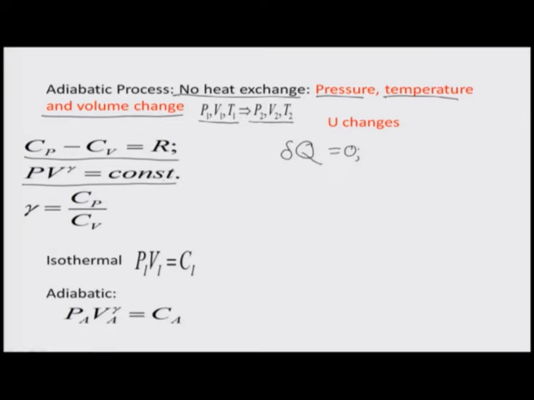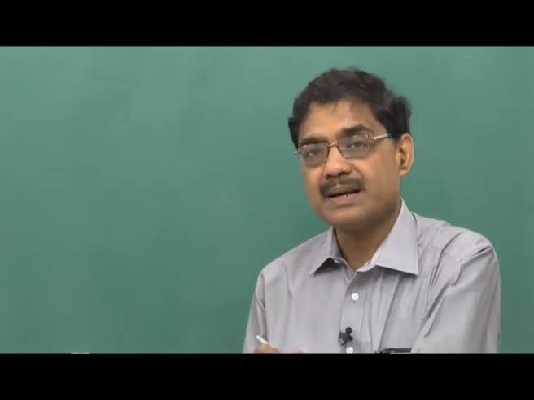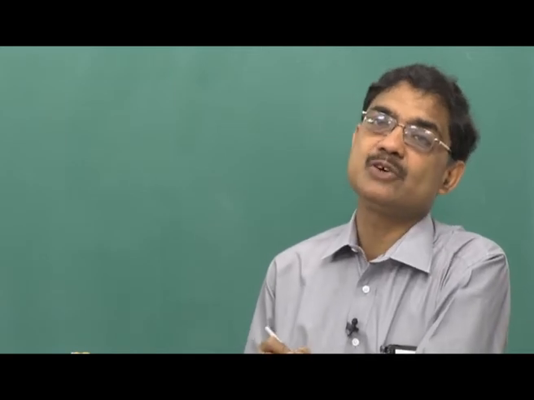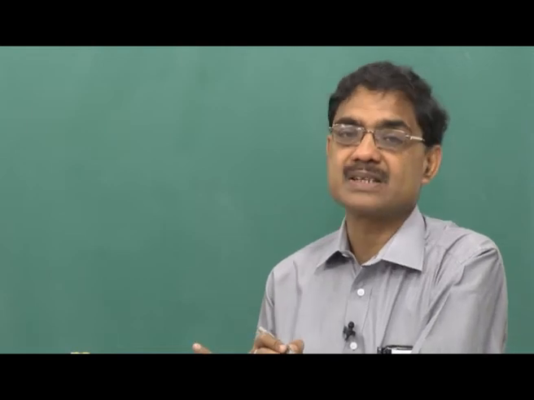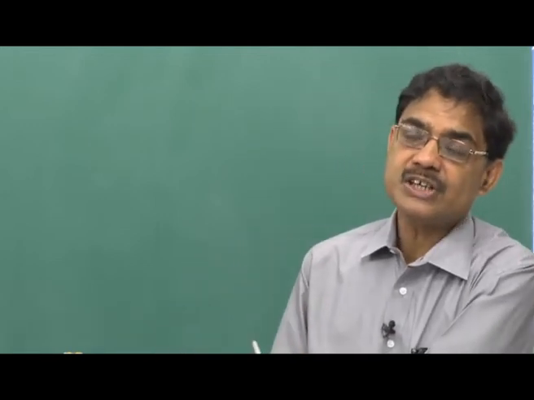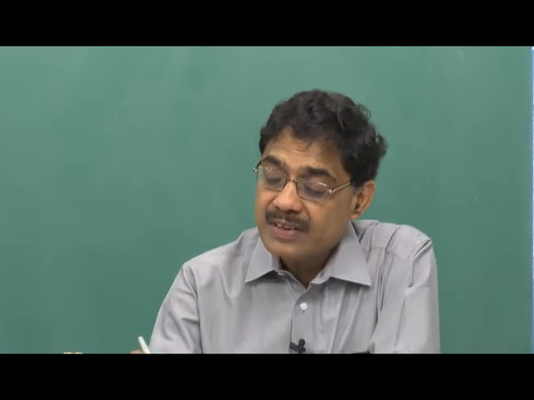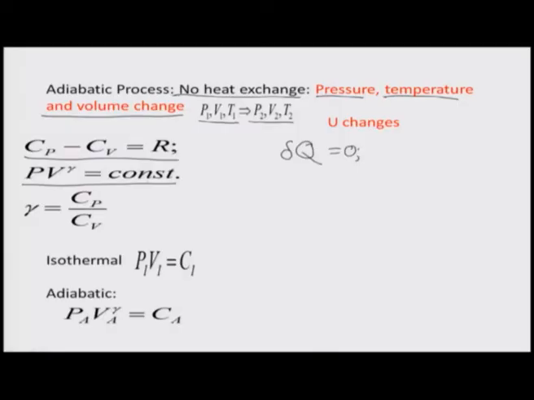PV is equal to constant is a characteristic of an isothermal process in which temperature is constant. PV is equal to nRT for ideal gas. If temperature is constant, PV must be equal to constant. But here temperature is not constant. Hence, we have a different equation describing my PV diagram, which is PV^gamma is equal to constant, where gamma is equal to Cp over Cv.